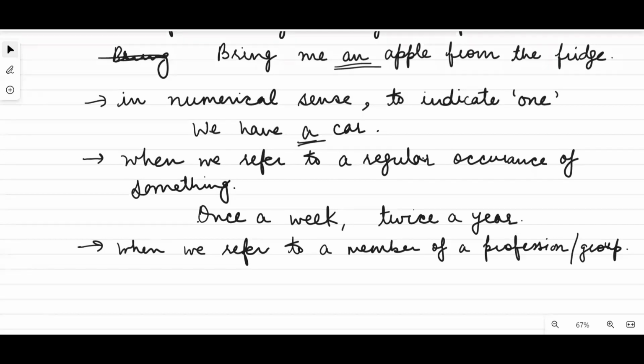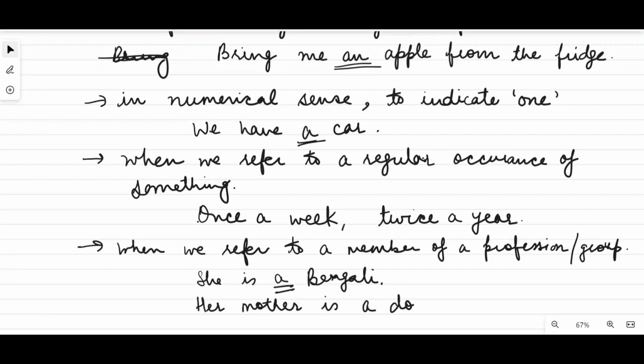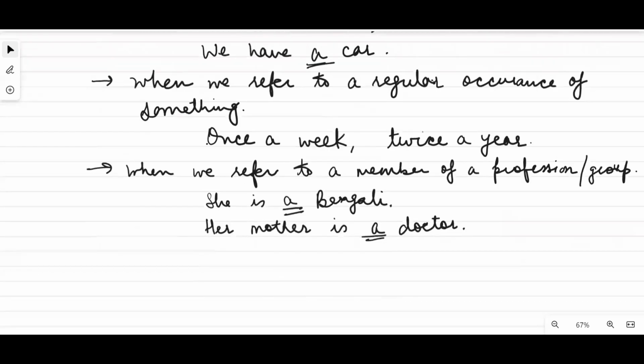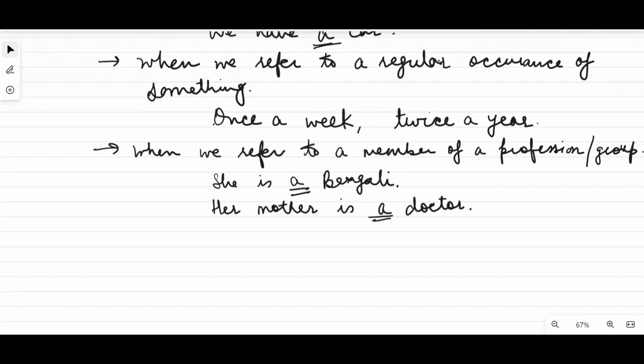Like if I say she is a Bengali, we are using a here. Her mother is a doctor. Why? Because she is a member of a profession, right? Yes, girls, are you getting these rules or not? If you have any doubt here, please don't hesitate to ask me.